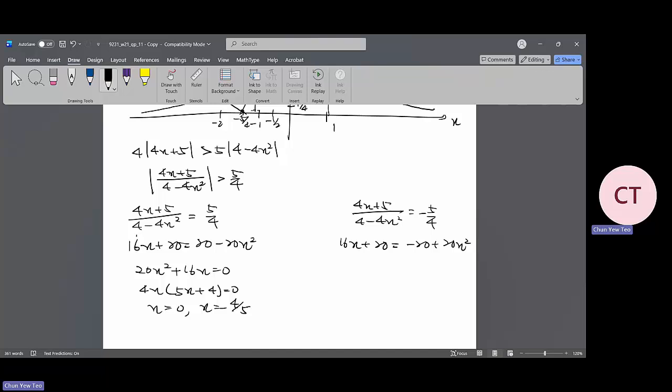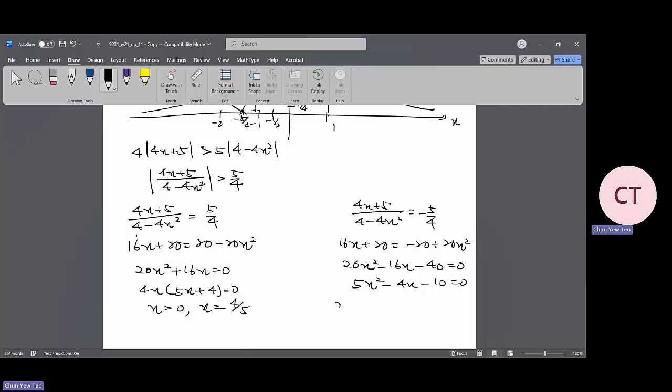Then this one will be 20x squared minus 16x minus 40 equal to 0. Divide everyone by 4: 5x squared minus 4x minus 10.